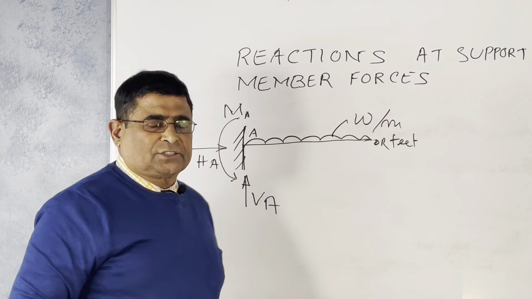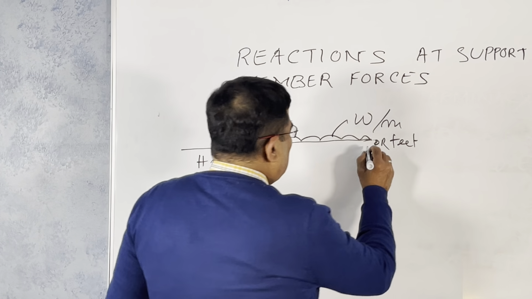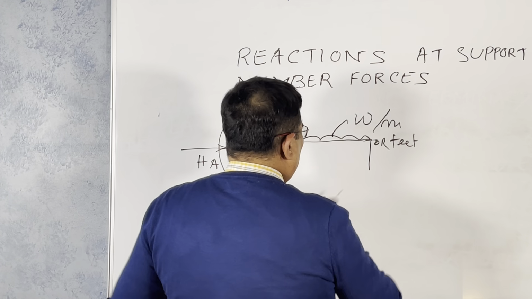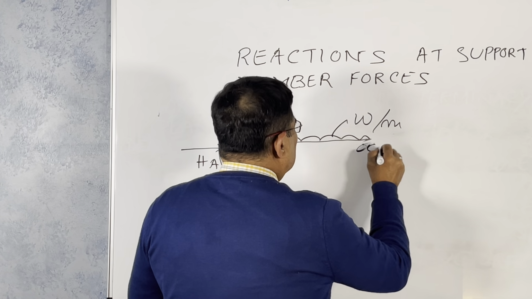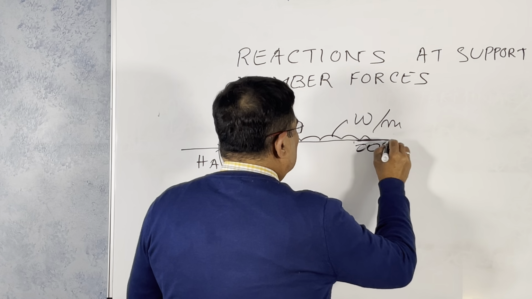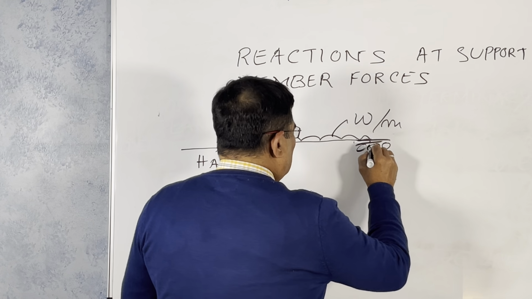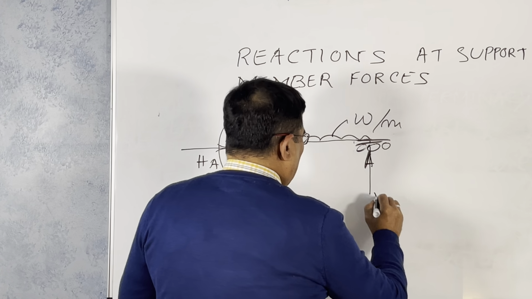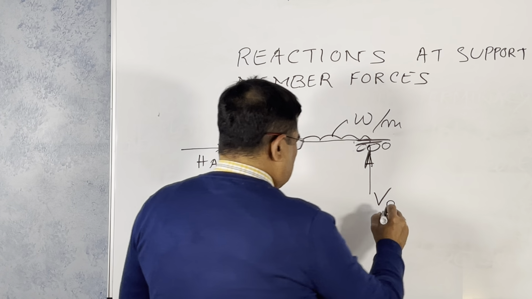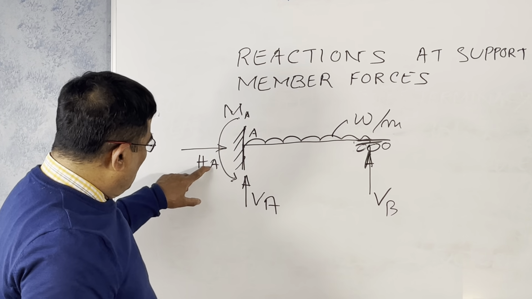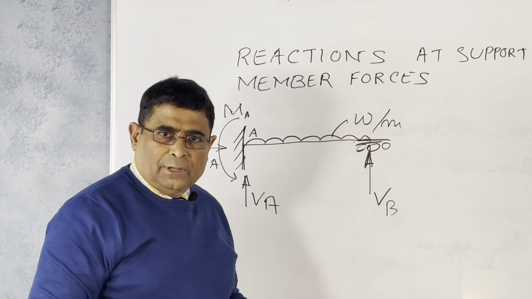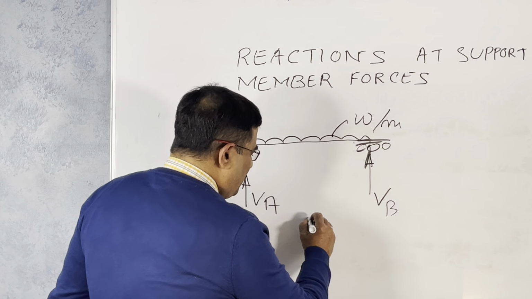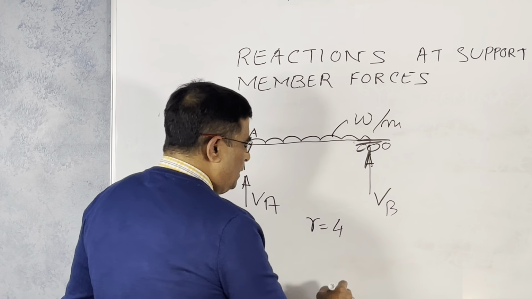It's a determinate structure. But if we have a roller support at this end, that means we have only a vertical force. Now you see 1, 2, 3, 4. So your R equals 4.